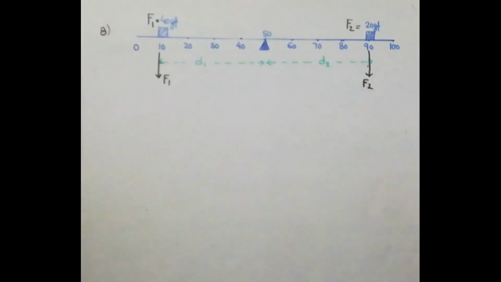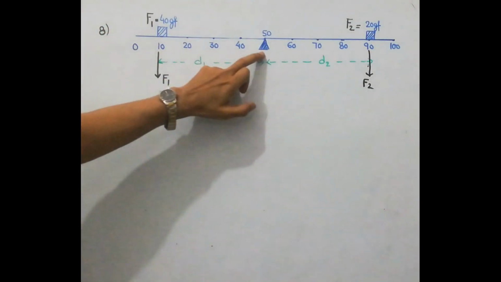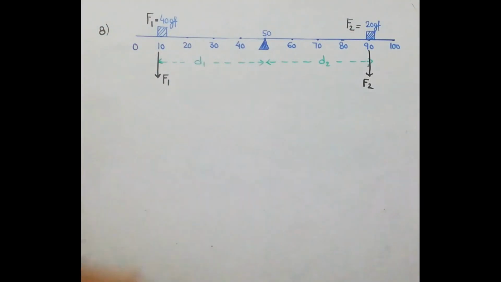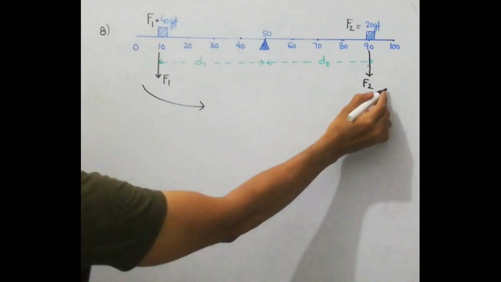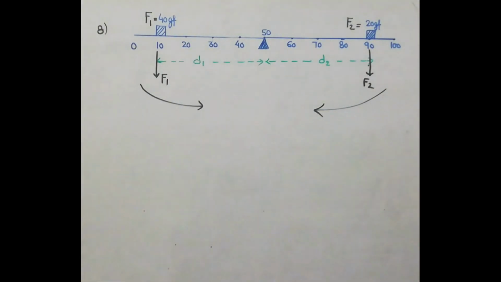F1 is producing anti-clockwise movement about this point, and F2 will rotate the scale this way, so it's producing clockwise movement. So the two forces are producing moments in opposite directions. Now they are asking, is the rule in equilibrium? So we will calculate the anti-clockwise moment and the clockwise moment, and if the two moments are equal, then we can say that the rule is in equilibrium. So let's calculate the two moments.